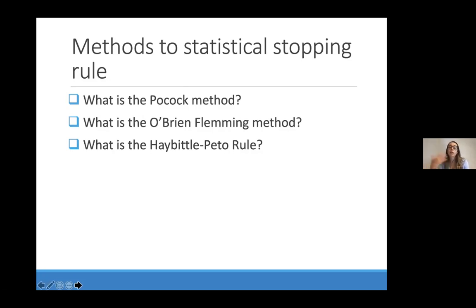But there are three main methods that are used: the Pocock method, the O'Brien-Fleming method, and the Haybittle-Peto method, right? And for your case study, if I'm not confusing, they were considering the Pocock and the O'Brien-Fleming methods. Does anyone want to jump in and tell us what they understand about these methods and summarize the differences?